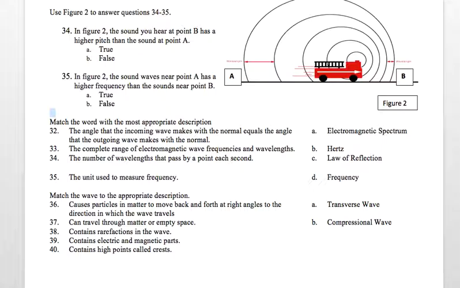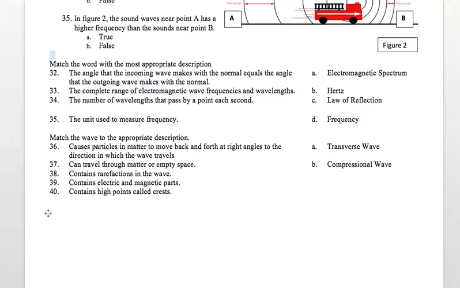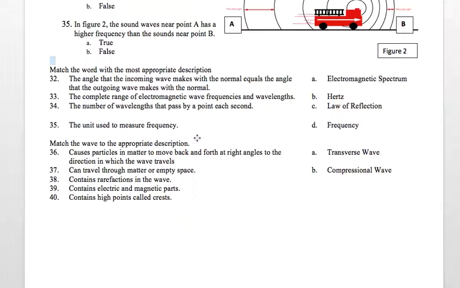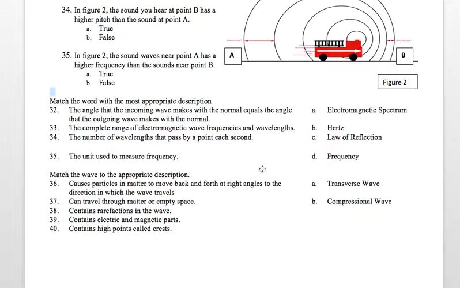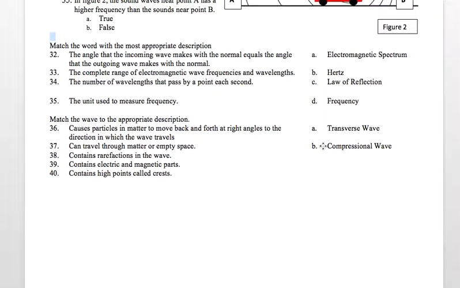A, B, C, D, A, B. 36. Match the wave to the appropriate description. Okay, just to clarify, A, B, C, and D will be used for 32 through 35. A and B will be used for 36 through 40.